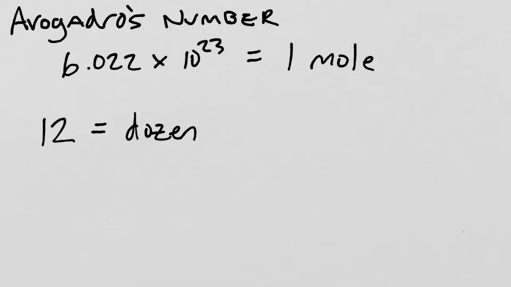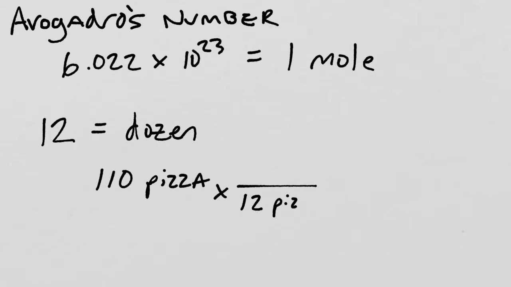And if I had 110 pizzas, and I wanted to know how many dozen pizzas I had, I could say, well, I know that there are 12 pizzas in 1 dozen.